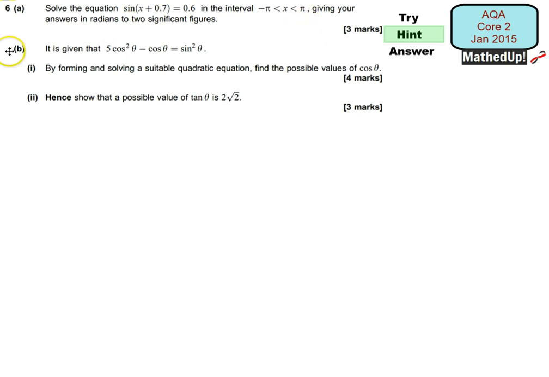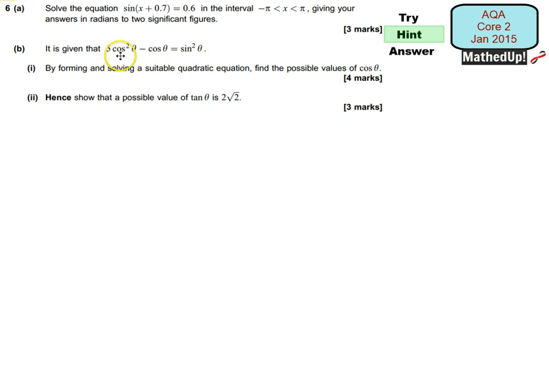Okay, part B says it is given that 5 cos squared theta take away cos theta is equal to sine squared theta. By forming and solving a suitable quadratic equation, find the possible values of cos theta. So at the moment you've got a mixture of two trigonometric ratios here. You've got both cos theta and sine theta in this equation.